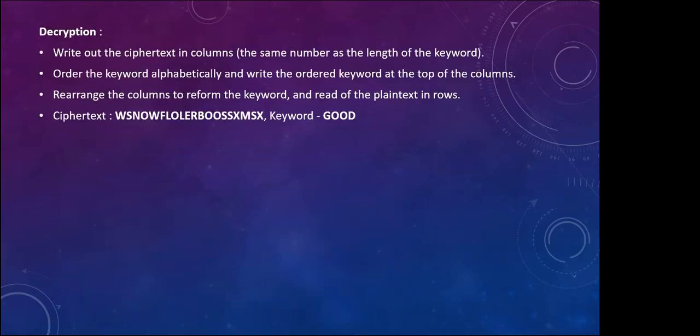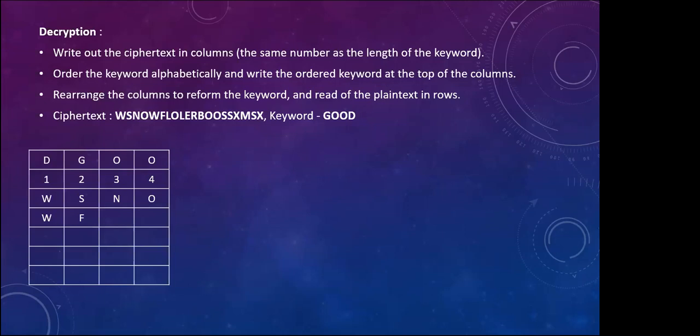Now this was how we encrypt, and decryption is similar: we do the reverse of what we encrypted. We first construct the table with the number of columns same as the number of letters in the keyword, and the number of rows according to the number of letters in the ciphertext.